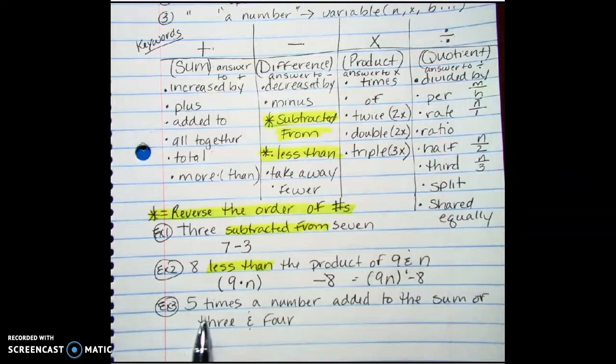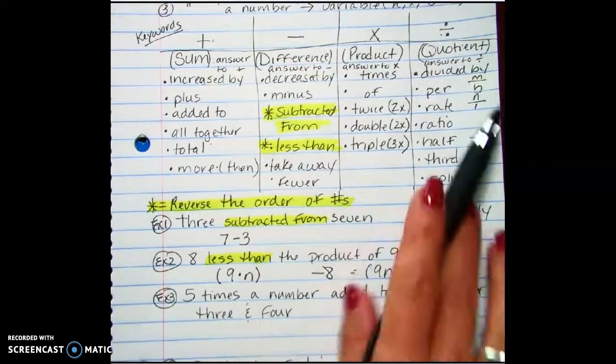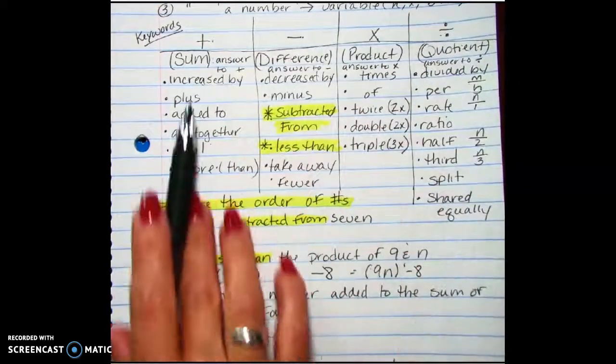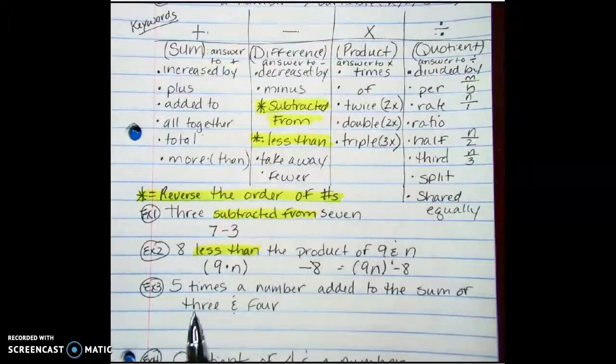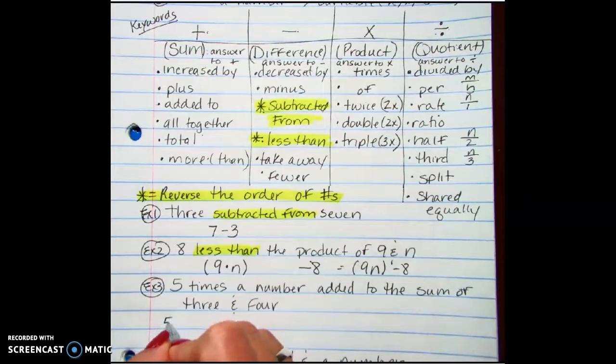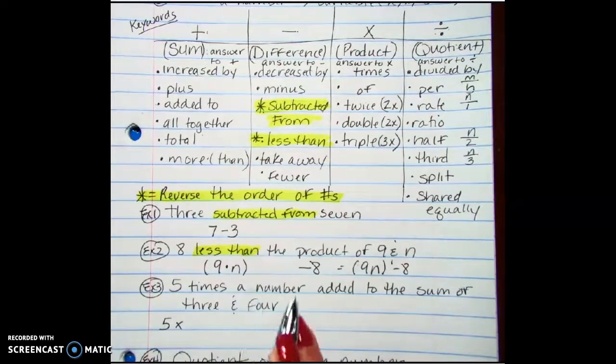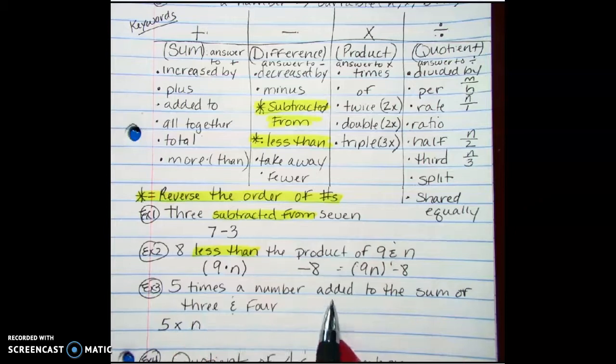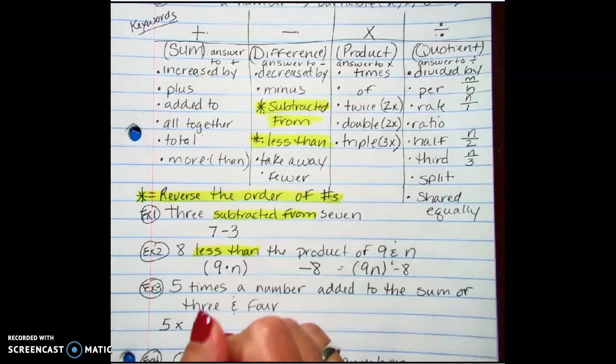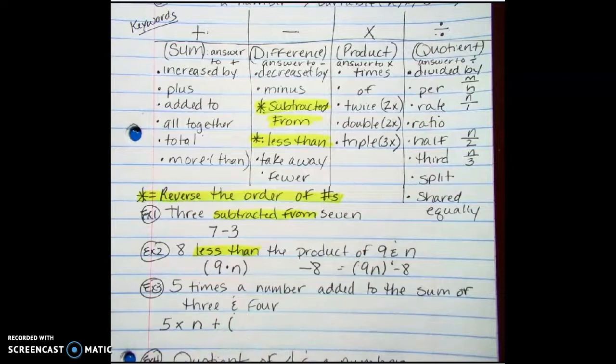Now, 5 times a number. Let's use whatever we have in our chart here. 5 times. So I'm going to just start to write it out. 5 times a number, n, added to the sum of 3 and 4. 5 times a number added to the sum of 3 and 4.